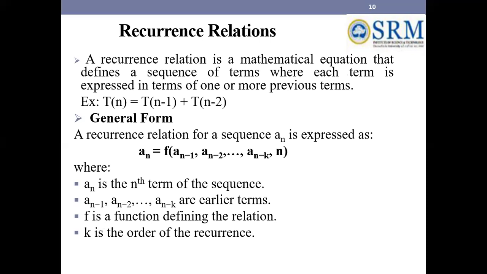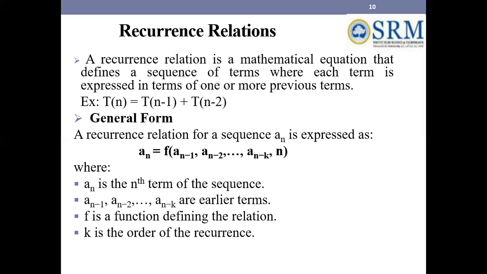So the current term is derived from the previous terms. The general form of a recurrence equation for the sequence of terms a_n is: a_n is equal to f, where f represents a function of a_(n-1), a_(n-2), up to a_(n-k), where a_n is the nth term in the sequence, and a_(n-1), a_(n-2), a_(n-k) are earlier terms to a_n.